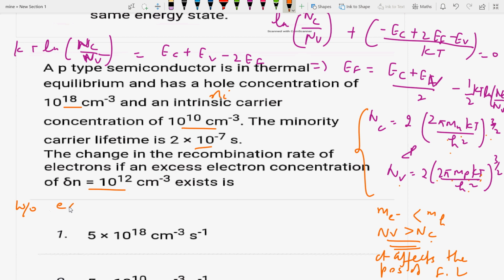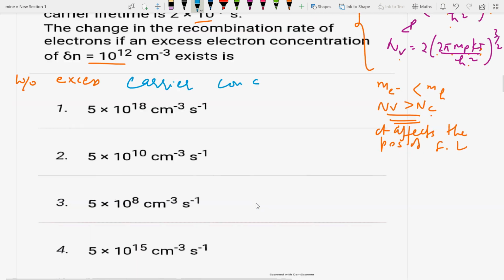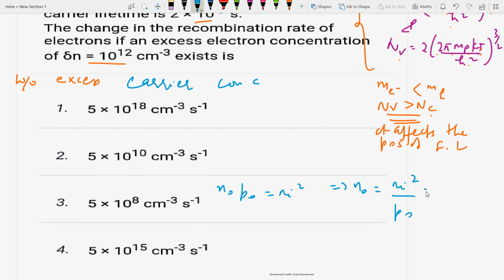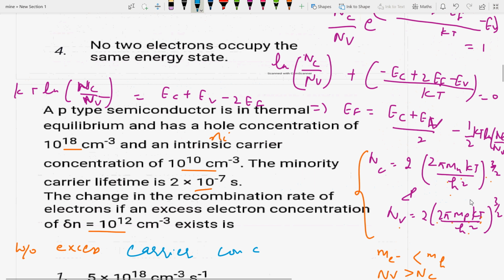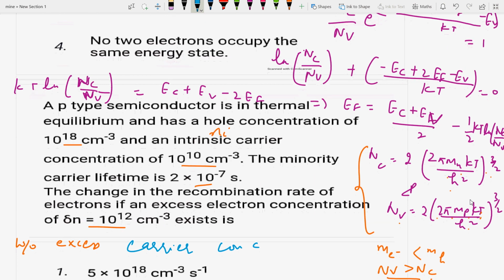Without excess carrier concentration, we have, you know the formula that n0 p0 is equal to ni square, right? So we have n0 is equal to ni square by p0. So ni is 10 to the power 10, whole square by p0. Here p0 is 10 to the power 18.